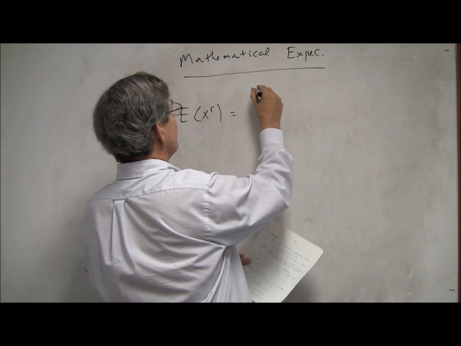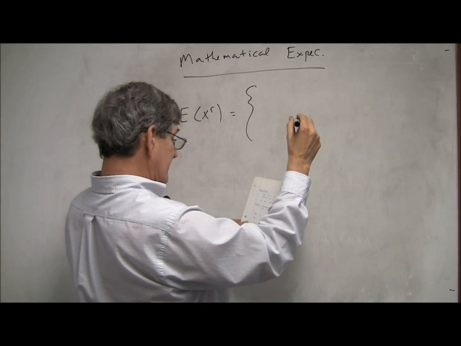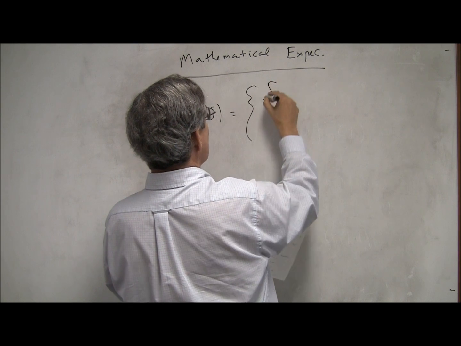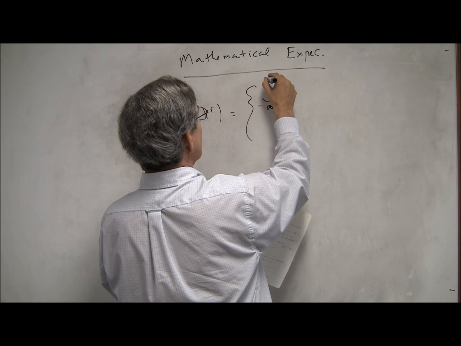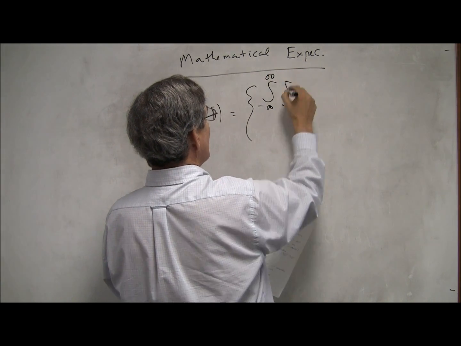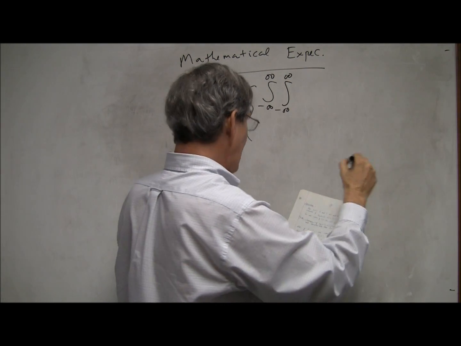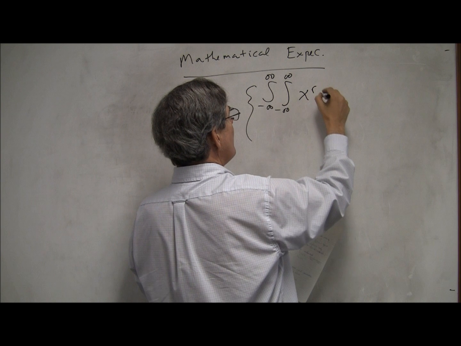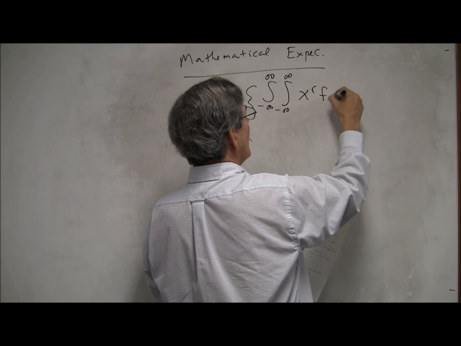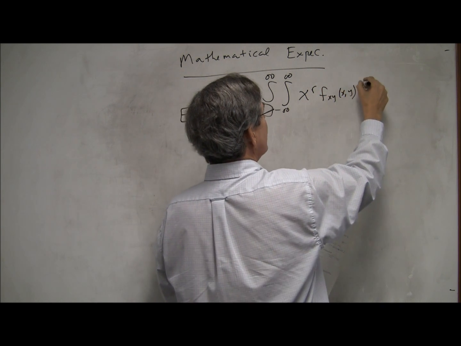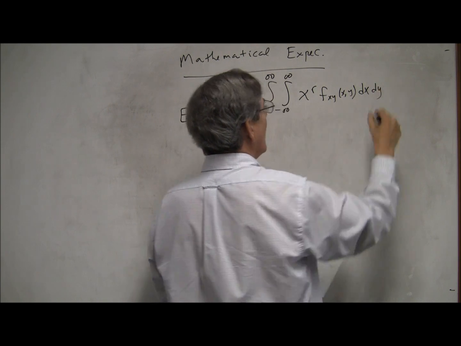In the continuous case, it's a double integral for a bivariate case. So we integrate over both x and y. It's just x to the r power times f_xy of x and y dx dy.